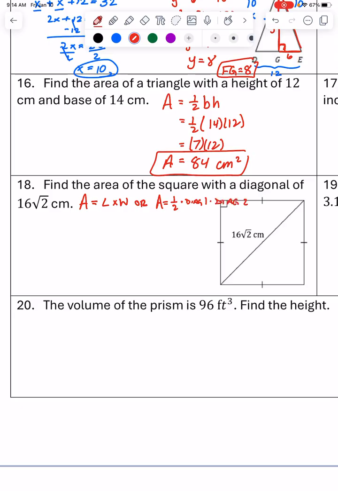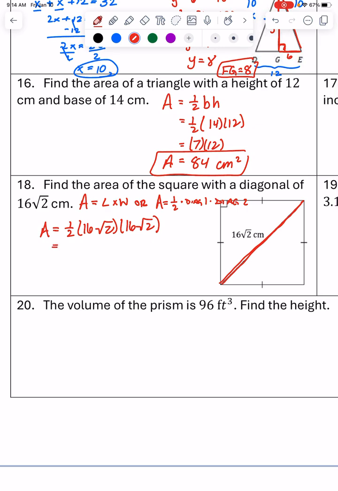Okay? So this guy's a diagonal. And in a square, the diagonals are the same, right? So diagonal 1 and diagonal 2 are going to be the same thing. So we can take 1/2 of 16 square root of 2 times 16 square root of 2.